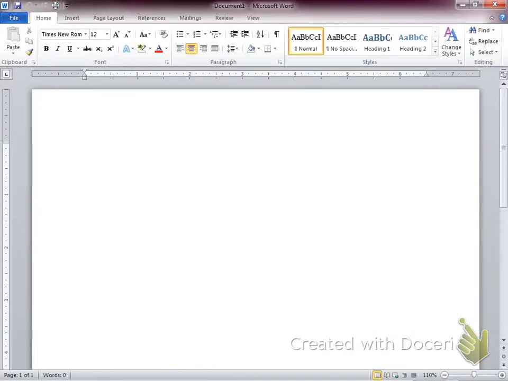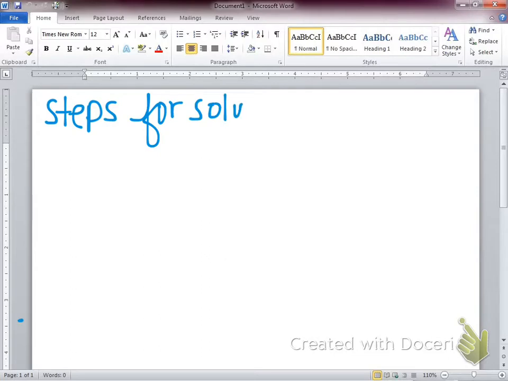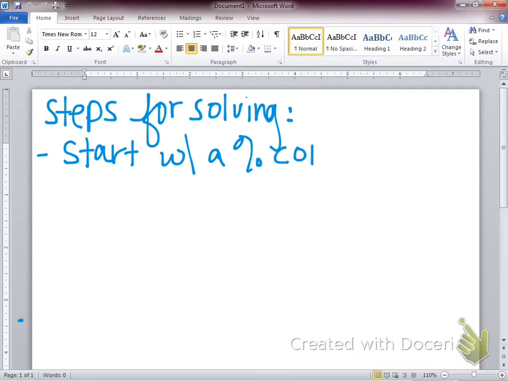Okay, so these are steps for solving empirical formulas. First of all, we should always start with a percent composition. Usually it will give you a percent composition to start with.